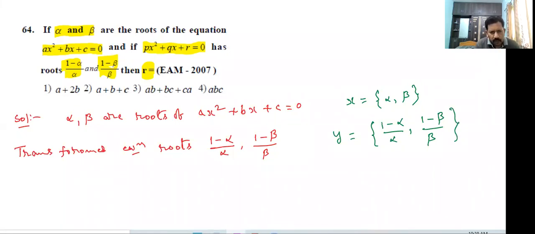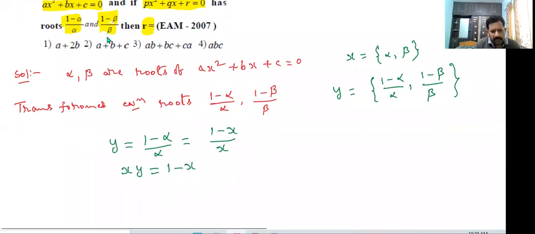Now observe here, y is equal to (1 minus alpha) divided by alpha. Alpha means what? x only now. y is equal to (1 minus x) by x. Here we need to separate x. How to separate? Take cross multiplication. y x is equal to 1 minus x.